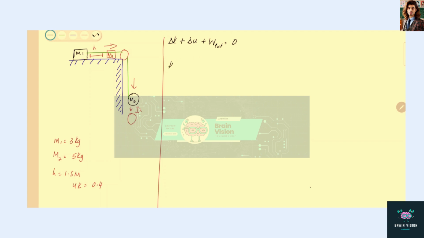In other words, K final minus K initial, plus U final minus U initial, plus the force multiplied by S should give you 0. Now remember that U final minus U initial is the expression for minus m2gh that we expect there.